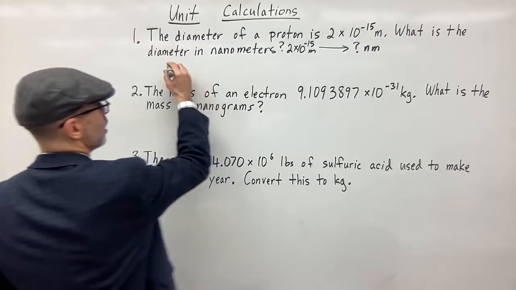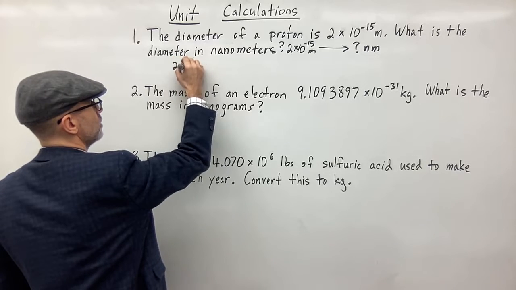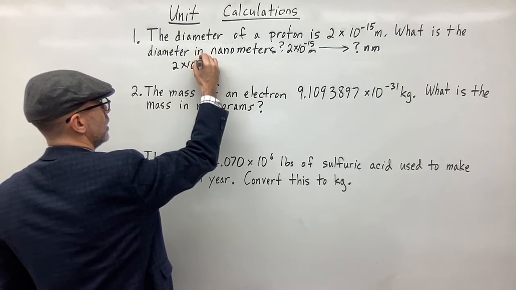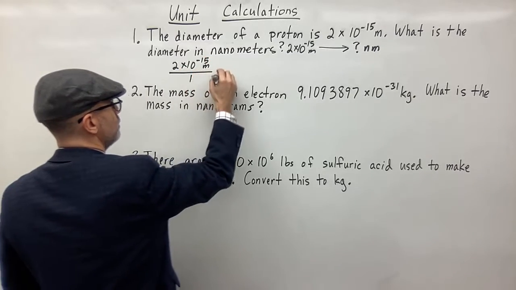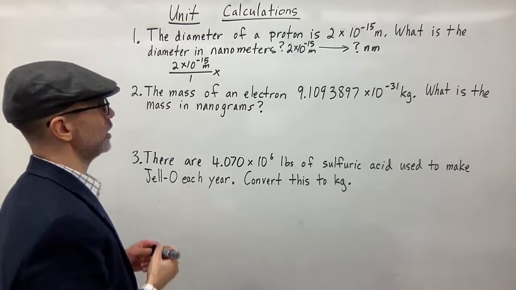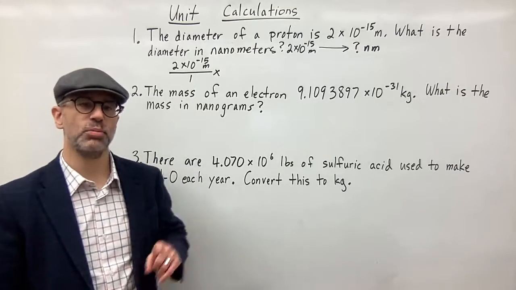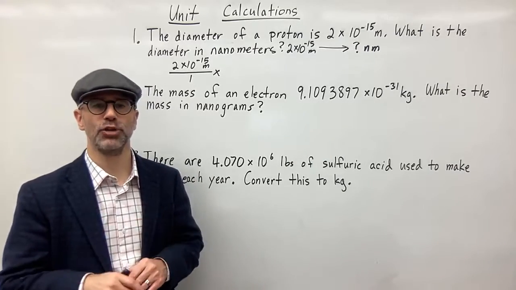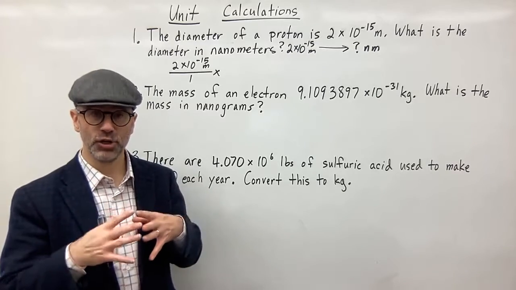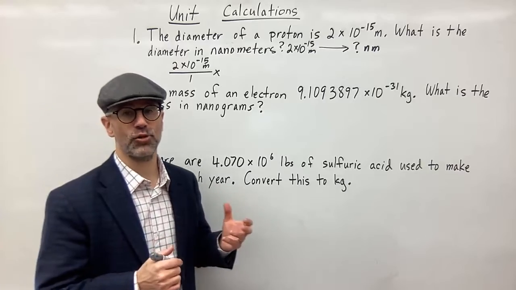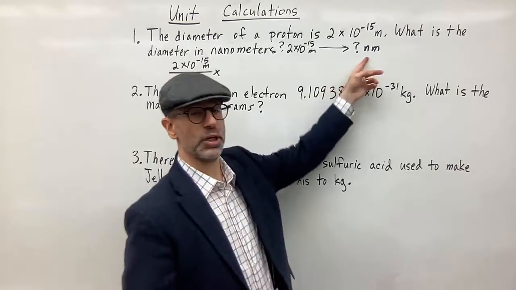So we're going to start with meters. So we have 2 times 10 to the negative 15 meters over 1. And we need to convert that to nanometers. Now, we're not given any other conversion factor, but we should know our metric prefixes. We should know the metric unit conversions. And so we're going to have to use that. So meters to nanometers.